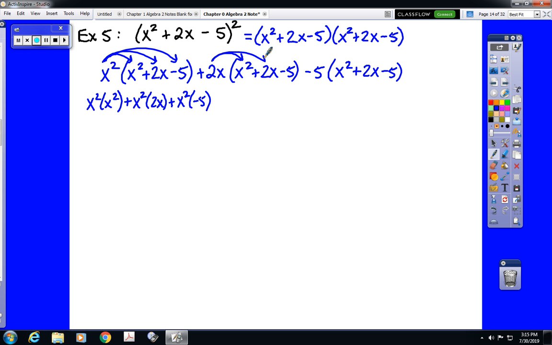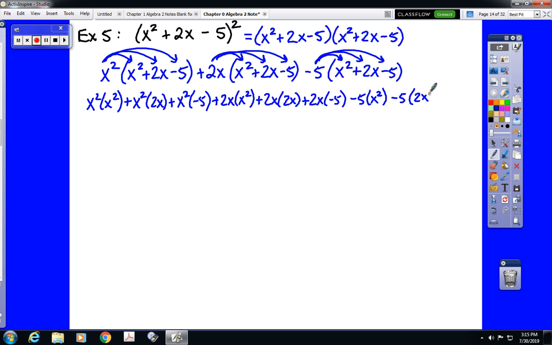Distribute the 2x. So plus 2x times x squared plus 2x times 2x plus 2x times negative 5. And distribute the negative 5. So negative 5 times x squared, negative 5 times 2x, and negative 5 times negative 5.